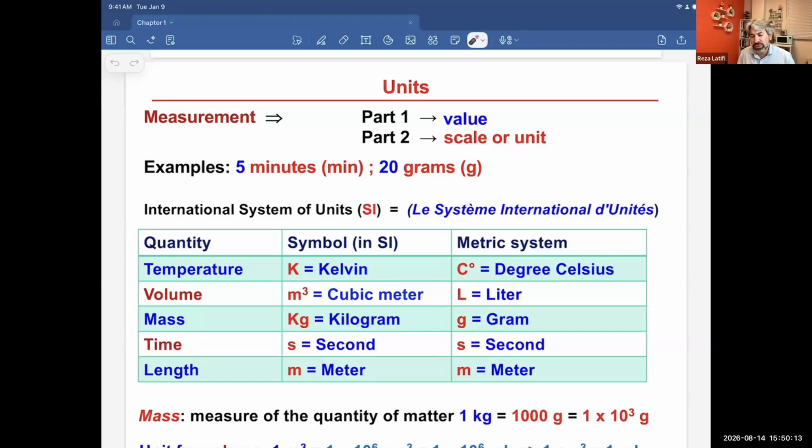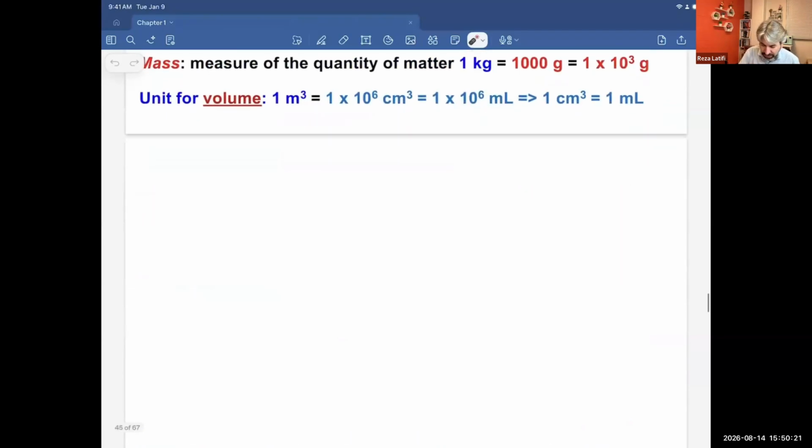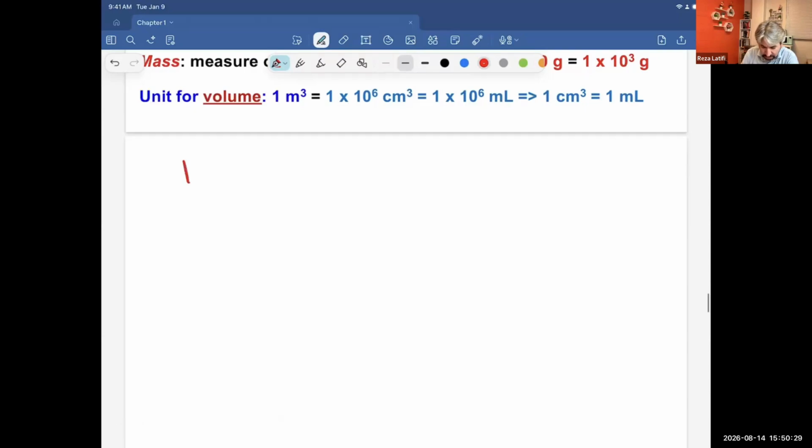There is at least one nice thing with the metric system that I love to bring to your attention. Whenever we are dealing with the metric system, we can say 1 multiplied by 10 to the power of plus or minus n, and then you write the unit in front of it.